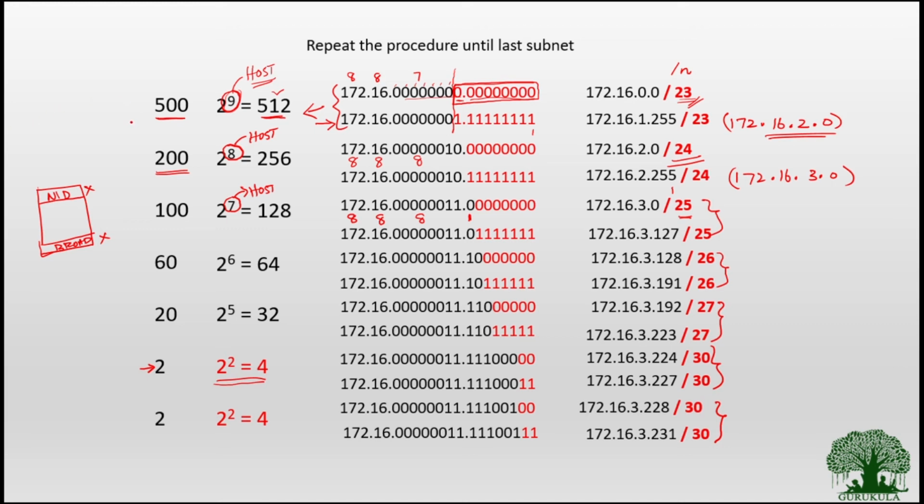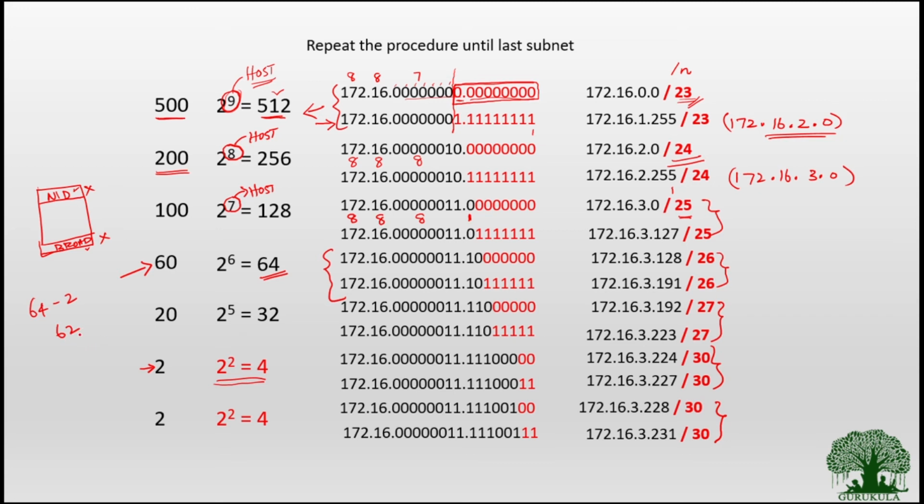And also you can notice that the wastage of IP addresses is greatly reduced in variable length subnetting. Here, I am going to connect 60 hosts in this particular subnet. Even though this subnet has 64 IP addresses, 2 IP addresses will be left for the network ID and the broadcast ID.